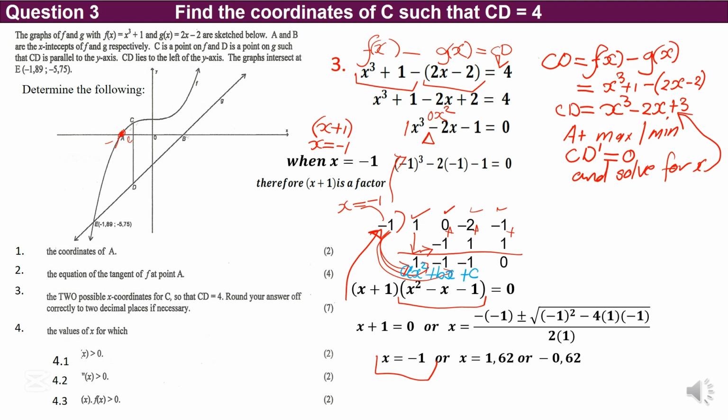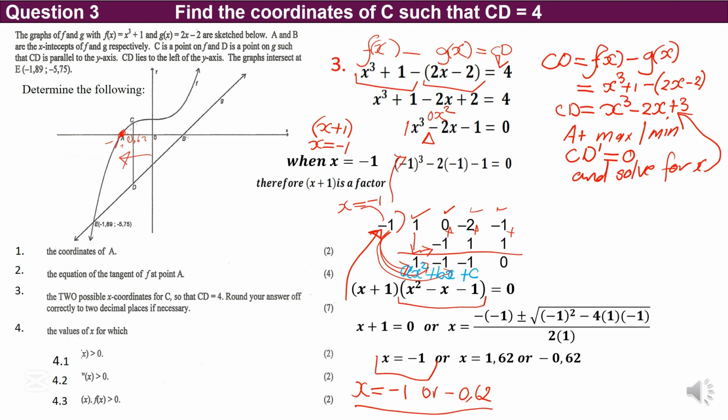So the two numbers that we need for this question, we can make a conclusion and say that therefore x is equal to -1 or -0.62. These are the two values of x for which the line CD may equal 4.